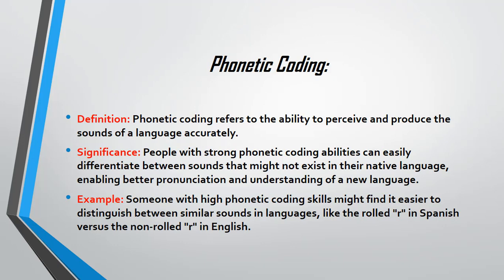So in the Spanish language, they multiply the pronunciation of the R, so they pronounce rosa, carro. So this difference between the rolled and the non-rolled R is what we mean by phonetic coding.